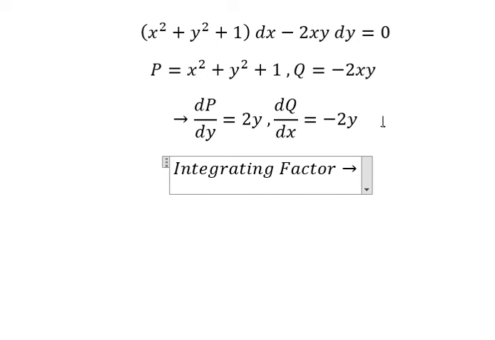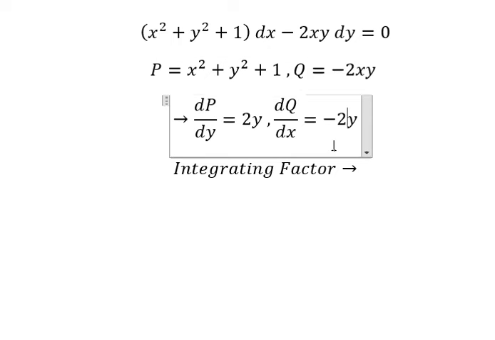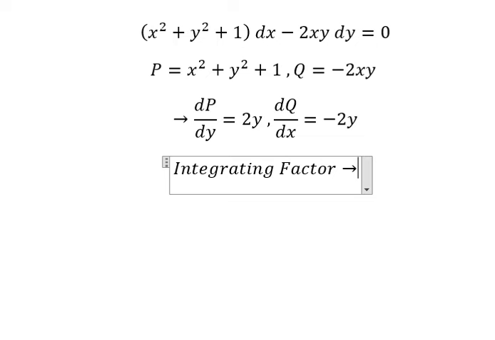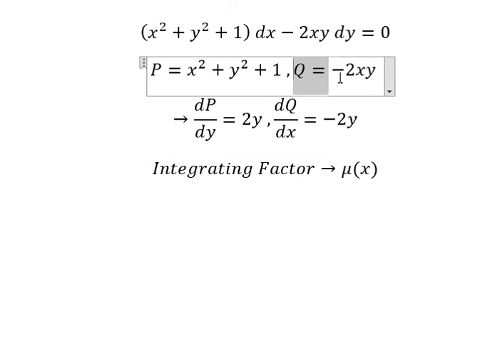So if we look carefully at this one, we have q, that's negative 2xy, but this one we have 2y and negative 2y. So in this situation, I will choose mu s, because I want to contain this one in here.